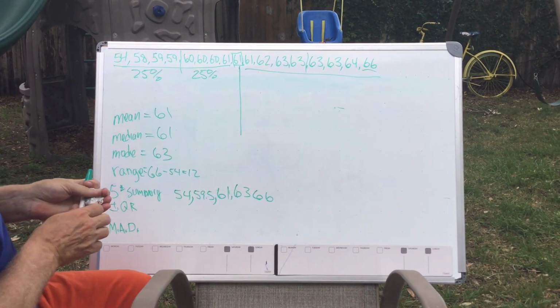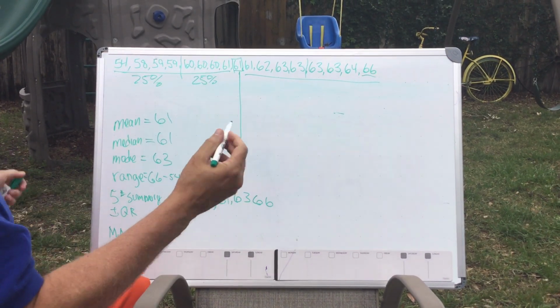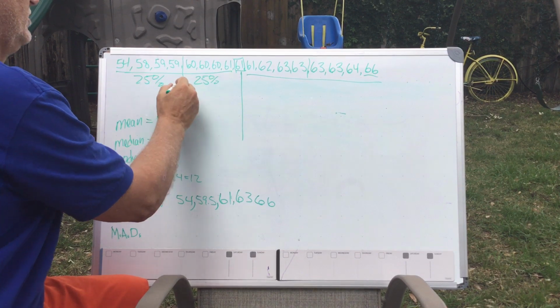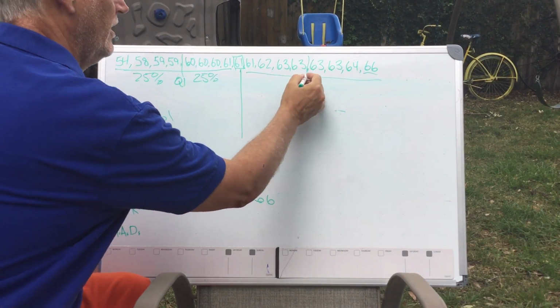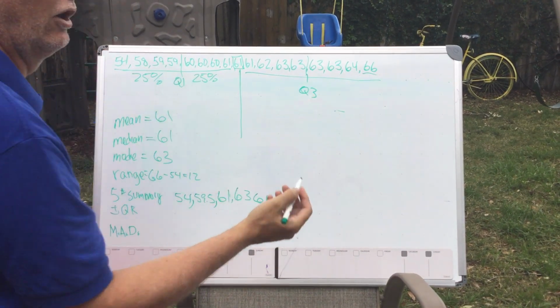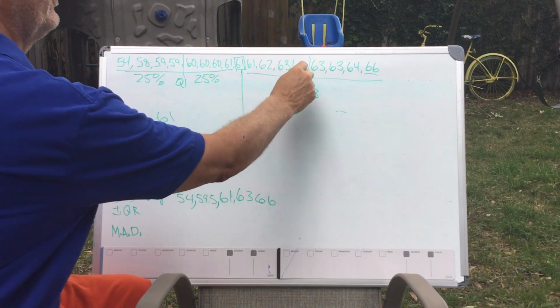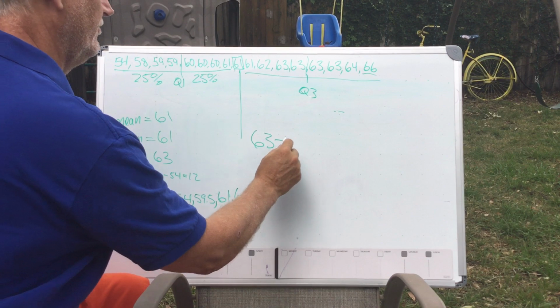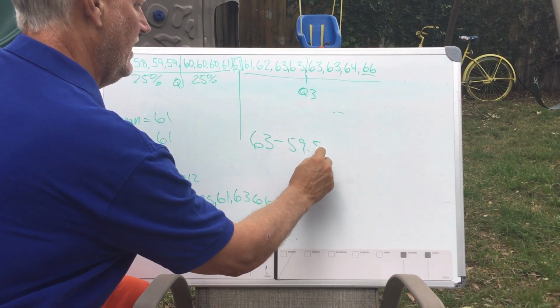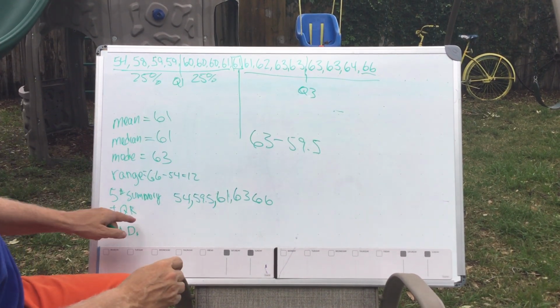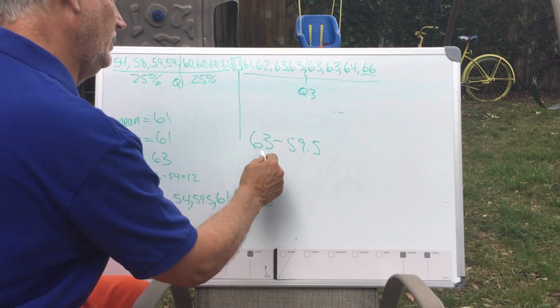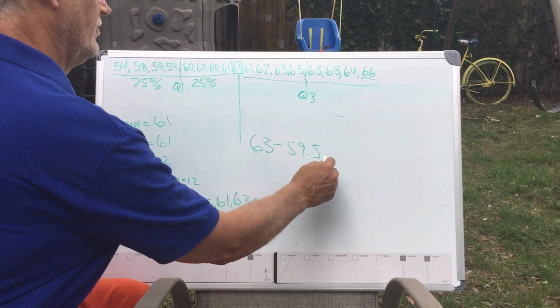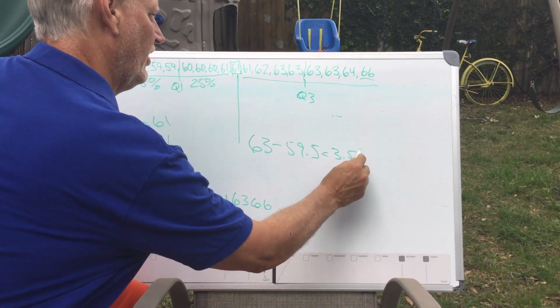Now, my IQR, that means my interquartile range. So here was my minimum, here is Q1, and here is Q3, quartile 1 and quartile 3. So this number, 63 minus 59 and a half, will give me my interquartile range, which is going to be 3.5.